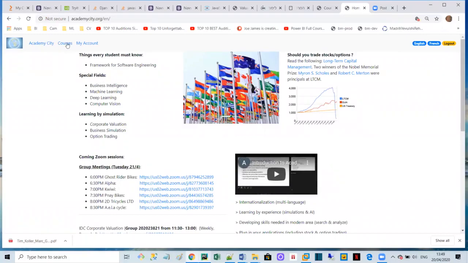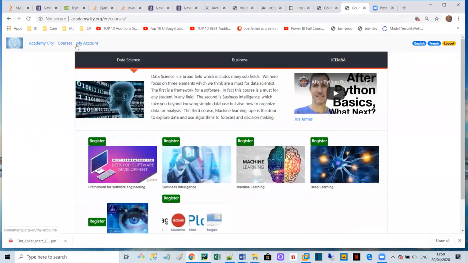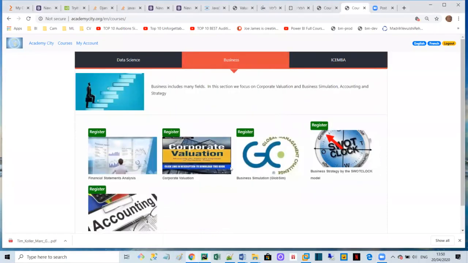Now, why do you want to register for the course? If you click on courses, if you notice when you logged in, you have 2 more buttons here. If you click on courses, you get all the courses that I'm developing or I'm involved in. I'm just joining some other people. And if you go into the business, this is the course we're going to use, okay?